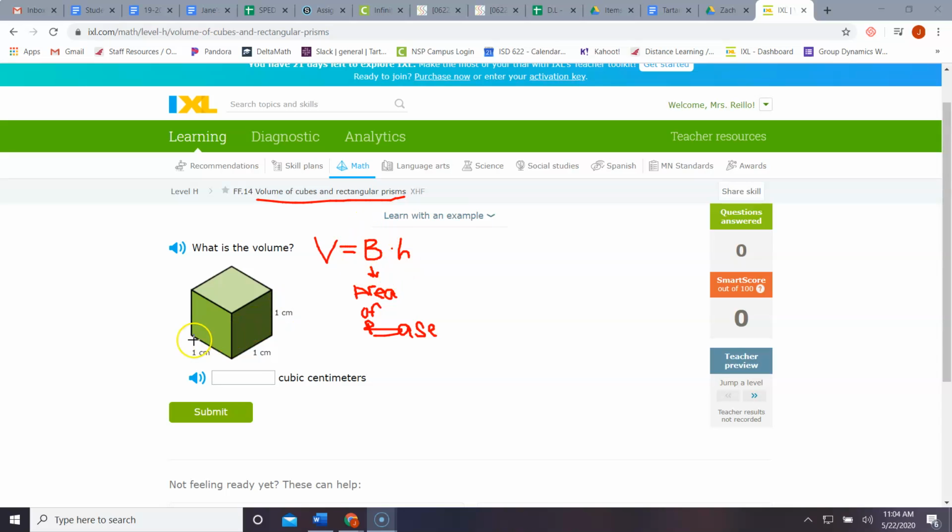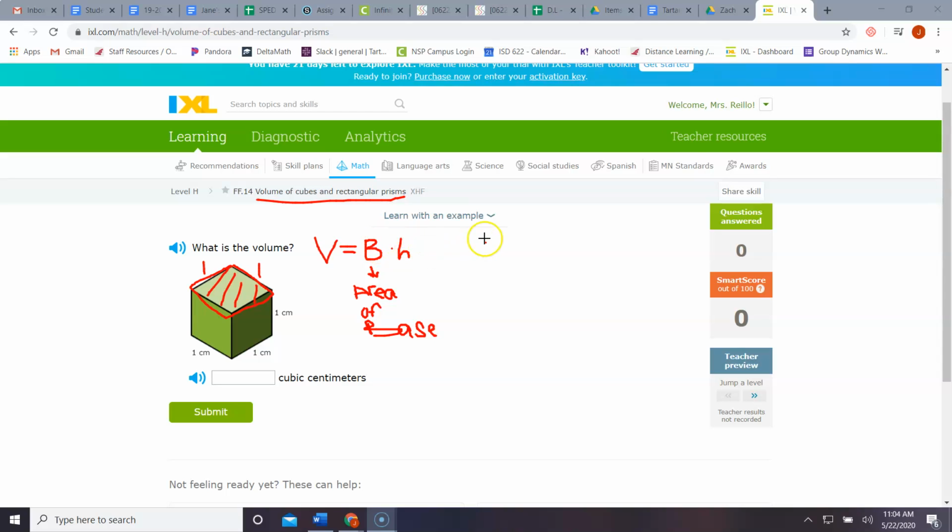So here, the shape of our base is a square. To get the area of this, we just multiply the base times the height of just our base shape. In this case, we know it's going to be 1.